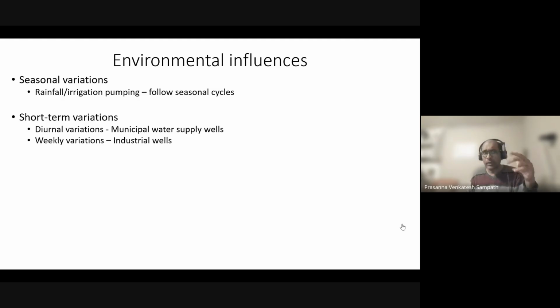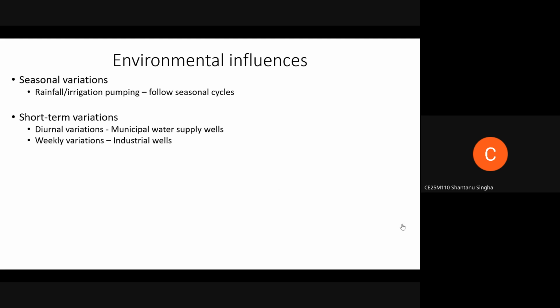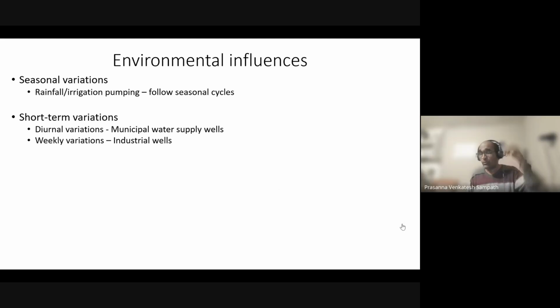It need not be twice a day. Depending on the city, depending on the demand, you might have twice a day, you might have once a day. Okay? But basically, these are short-term variations. Now, in the context of what I spoke about earlier, which is seasonal variation, which has a much longer time cycle, these are relatively speaking short term. So that is all I'm trying to say in this context. Okay. All right. So now moving on.